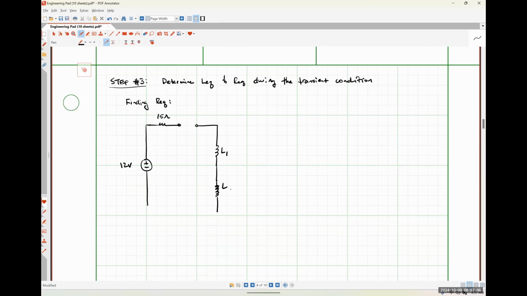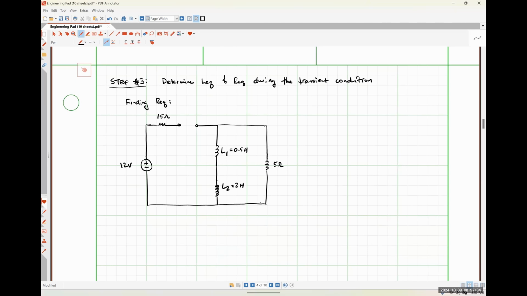Here I've got L2. Where this is the 1/2 Henry and this is the 2 Henry. And then over here on the right-hand side, I have my 5 ohm resistor, okay?